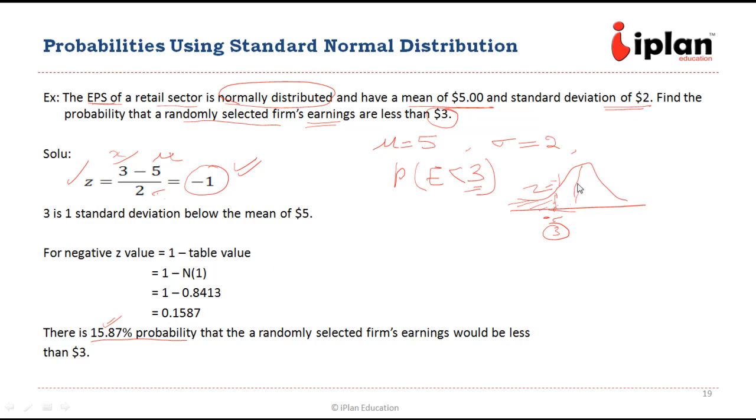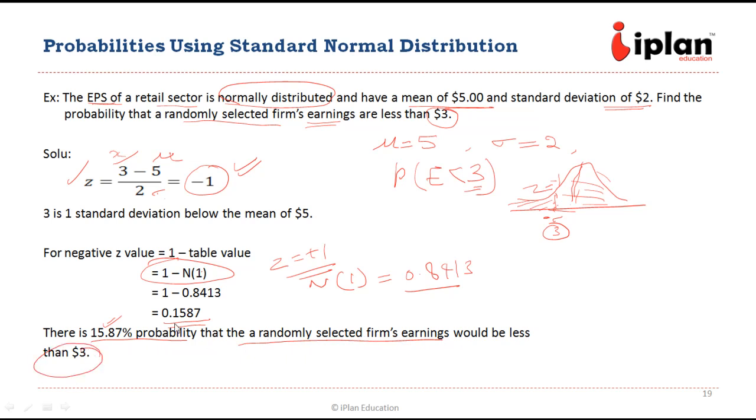If the area of the rest of the part is given, then we have to subtract it from 1. For example, if we know that for z equal to plus 1 the value of this area is 0.8413, then we can simply subtract it from 1. So we get the value for z equal to minus 1. 15.87% is the probability that a randomly selected firm's earning per share will be less than 3.